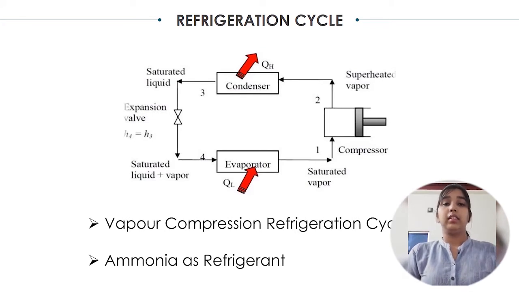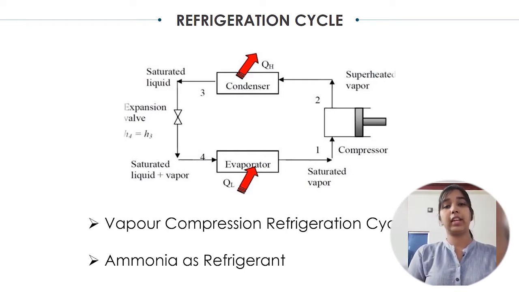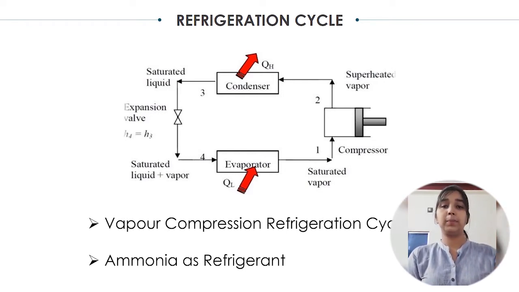Here the refrigerant flowing in the evaporator extracts heat from the storage space at constant pressure, and then it is sent to the compressor to compress it isentropically, where the vapor which is formed after extracting heat from the storage space is compressed, and the temperature and pressure of it increases.